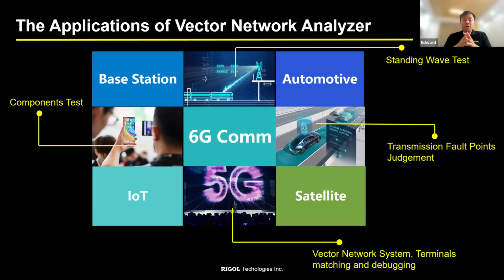Currently we focus on 5G communications, but for the next stage, if you combine the mobile base station infrastructure with low orbit satellite communications in space, that means we will upgrade to 6G, the next communication generation.